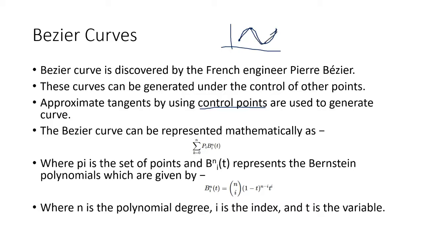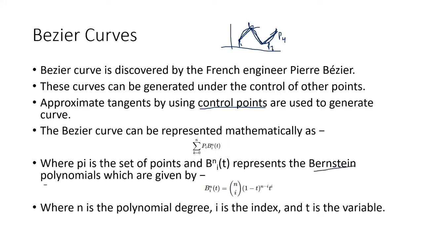Let's say these are P1, P2, P3 and P4, and the interpolation between these control points helps to build this Bezier curve. What we have between them is a straight line, but what you are getting is a polynomial curve. So the polynomial function comes into play, and that polynomial function is the Bernstein polynomial.